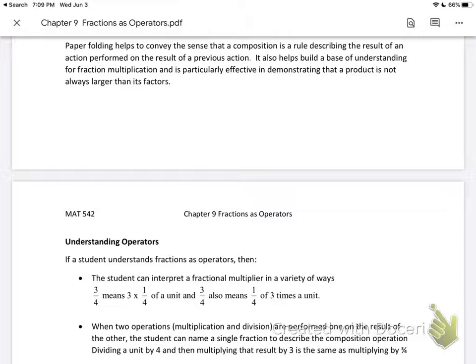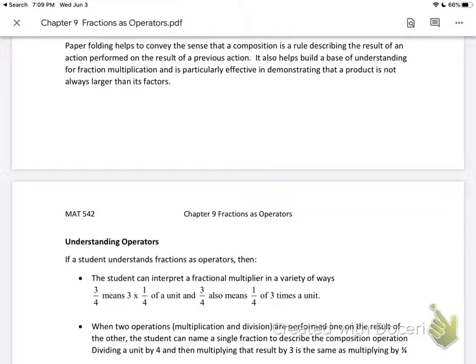Okay, paper folding they talk about, and it helps to convey the sense that a composition is a rule describing the result of an action performed on the result of a previous action. It also helps build a base of understanding for fraction multiplication and is particularly effective in demonstrating that a product is not always larger than its factors.